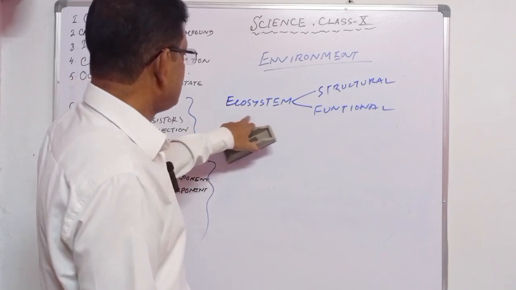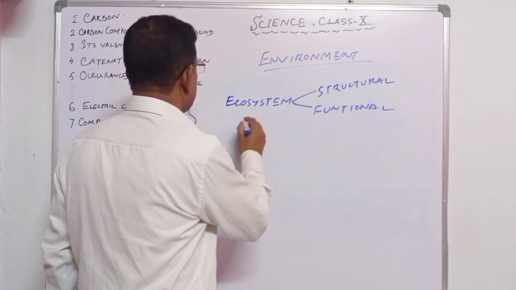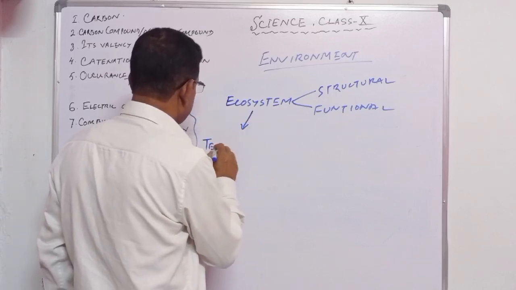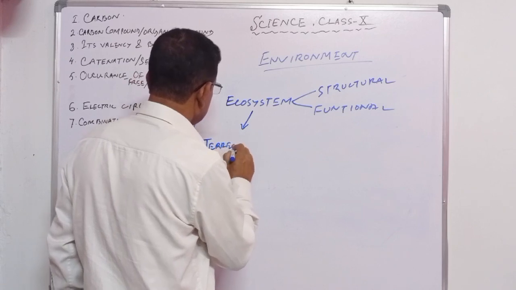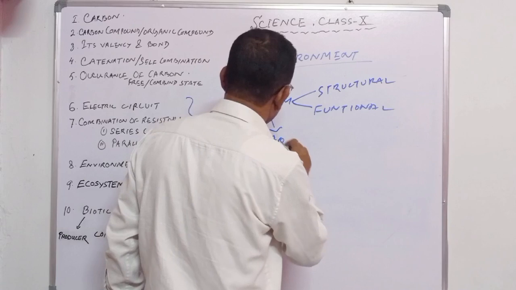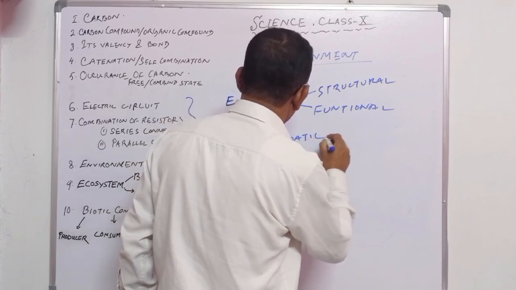So there are two main types of ecosystem. Although there are different types, mainly we can say terrestrial or aquatic.